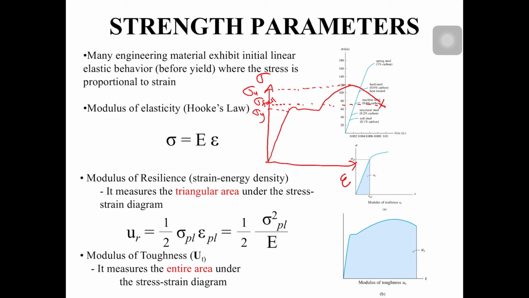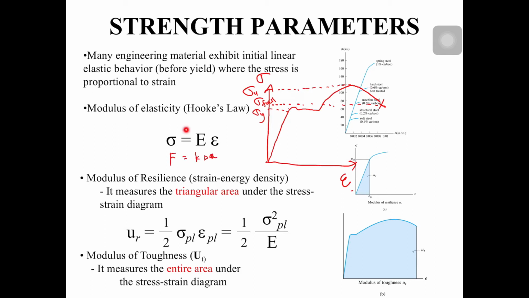So modulus of elasticity, or we call it Hooke's law. Hooke's law is what we use in a spring basically. The relation between sigma and epsilon is basically this: sigma is equal to E epsilon. Same with your spring, we have F equals K delta X, right?